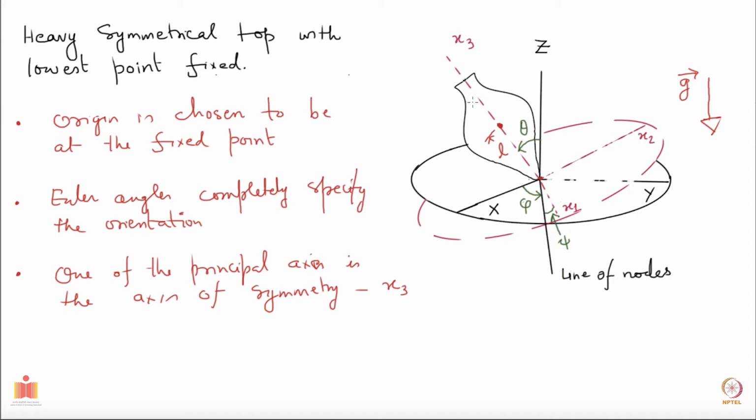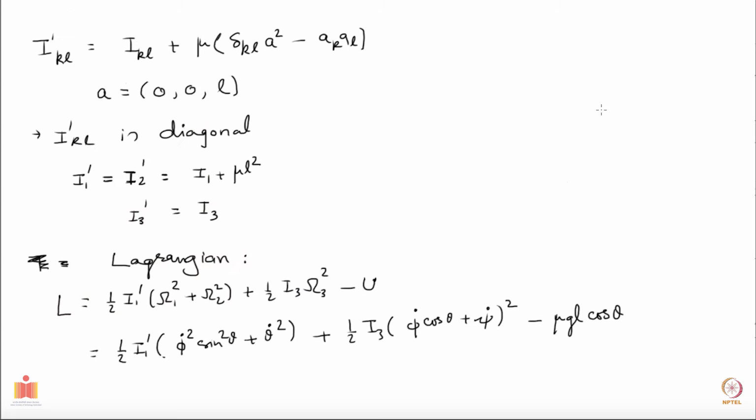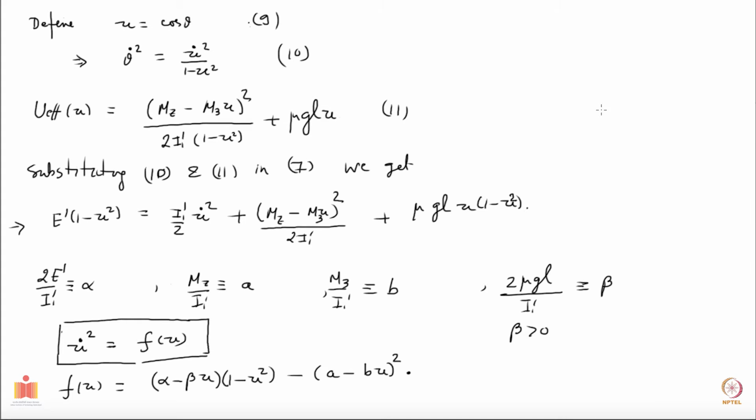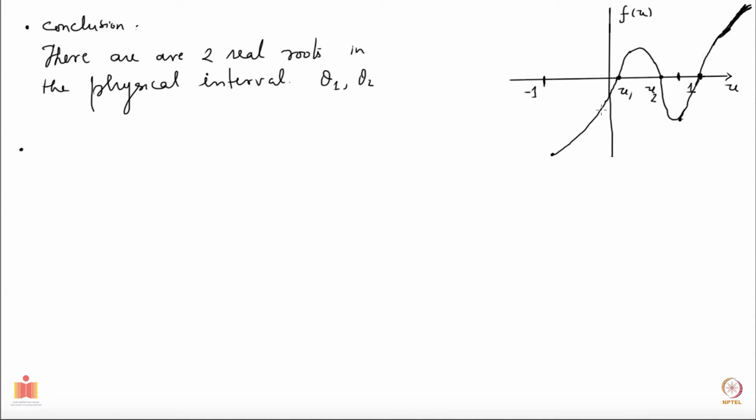As the top is moving, whatever it is doing, this axis will keep going down and up between some theta 1 and some theta 2. So it will keep going up and down like this, in addition to whatever else it is going to do, which we are going to talk about now in more detail. That's nice. And this motion of the axis going up and down is called nutation.